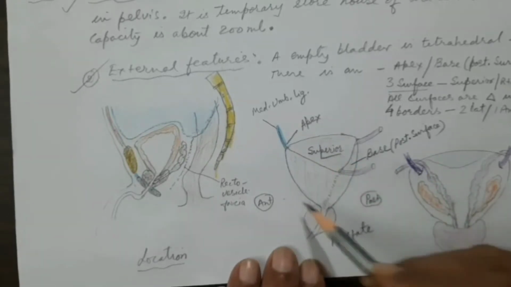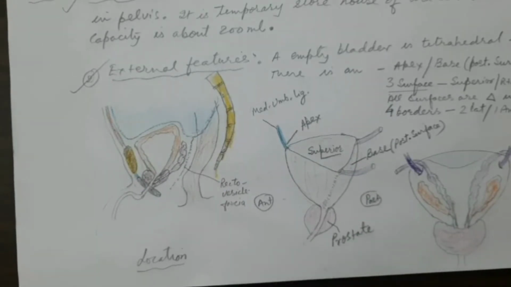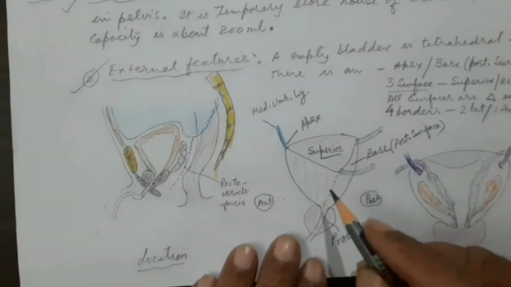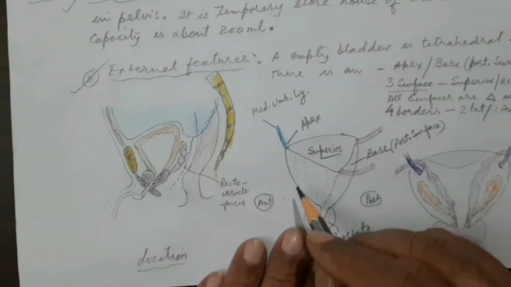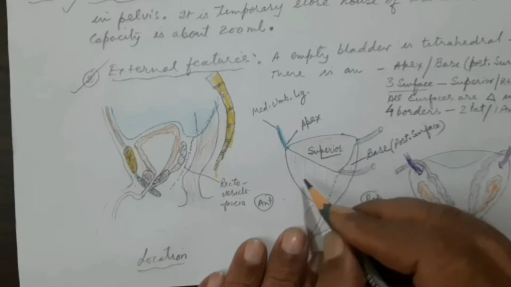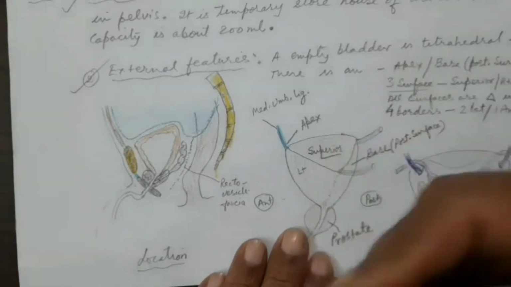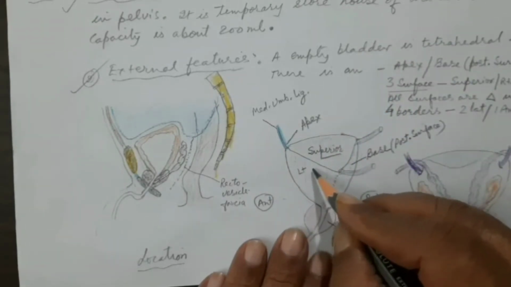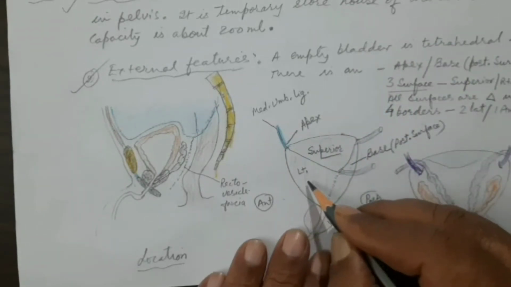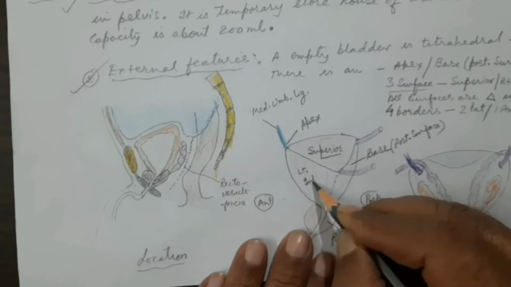As I said, all surfaces are triangular, that's why the shape is tetrahedral. Then there are the right and left infralateral surfaces. This is the left side. The opposite side, which is not seen, will be the right side. So it is the left infralateral.